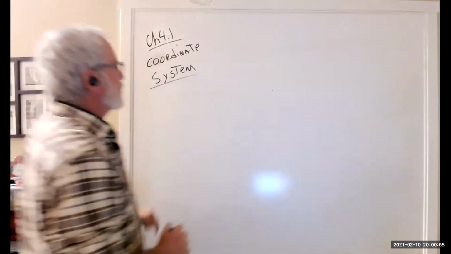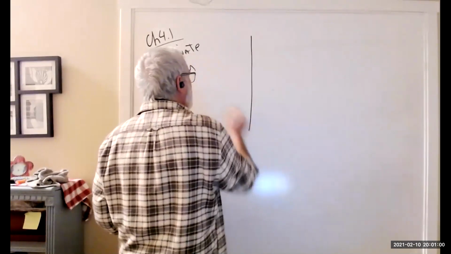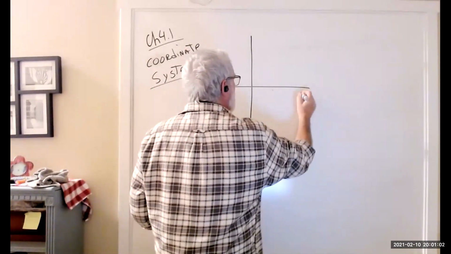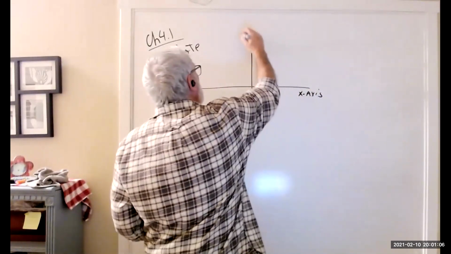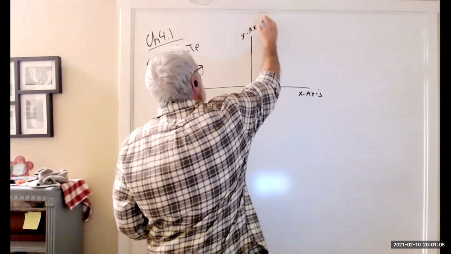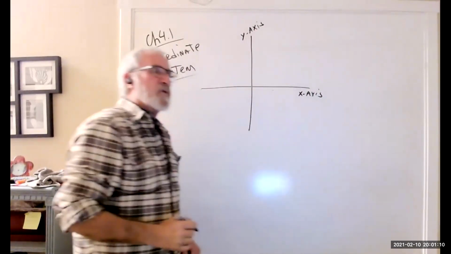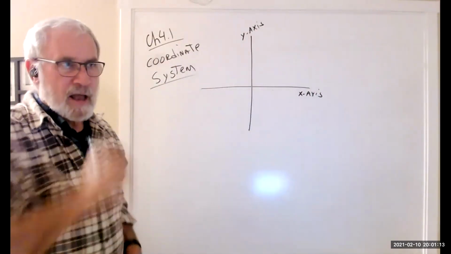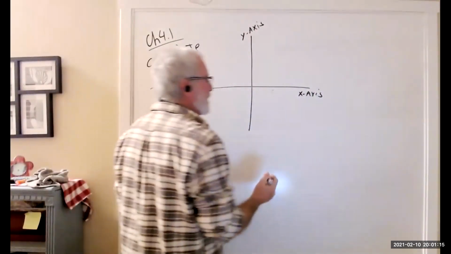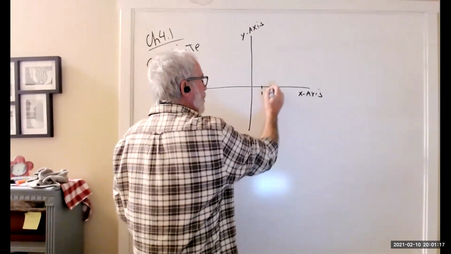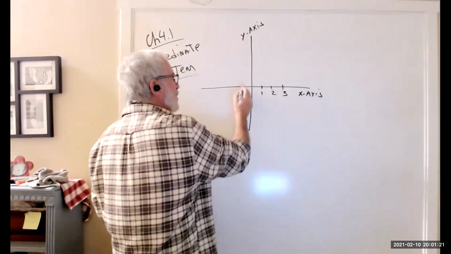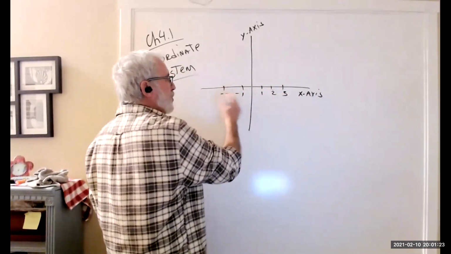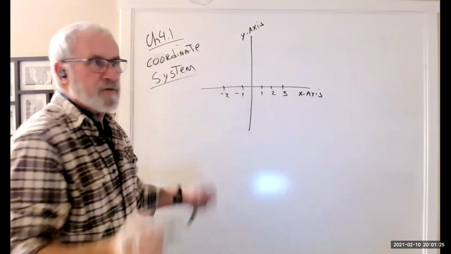The coordinate system. Most of you guys have seen it in the past. This is called the x-axis. This is called the y-axis. Axis is just a fancy word for line. And these are actually number lines. This is 1, 2, 3 on the x-axis. This is -1, -2, and so on. And they go on forever and ever.